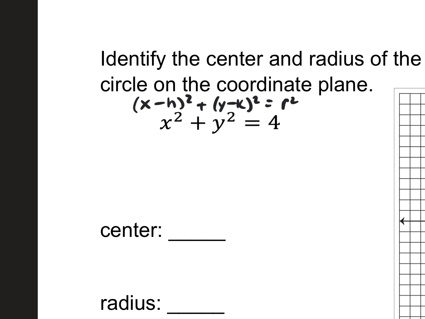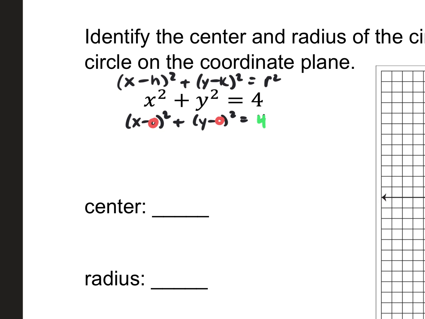An x squared is actually an x minus 0 being squared, x minus 0 just being x, so that's why you only see an x squared there. Plus y minus 0 quantity squared. And so you start to identify these pieces: okay, I see h, I see k, I see the r squared over here.